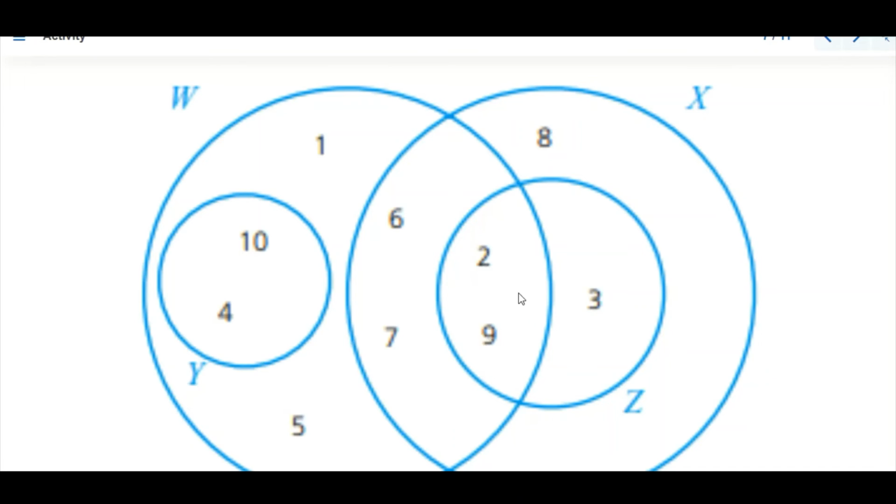That's the intersection. The intersection of W and Z is 2 and 9.